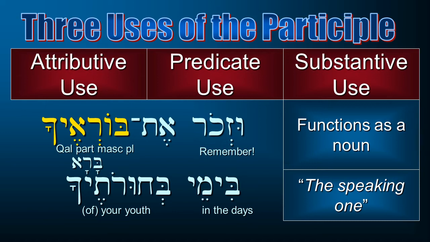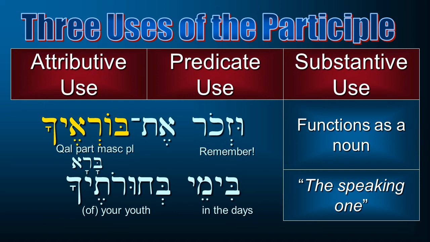This is from Ecclesiastes chapter 12 and verse 1. Notice the one creating, that's the qal participle of the term bara. So remember the one who created. Well, who did the creating? Well, that's the Lord, but you don't need the word the Lord.